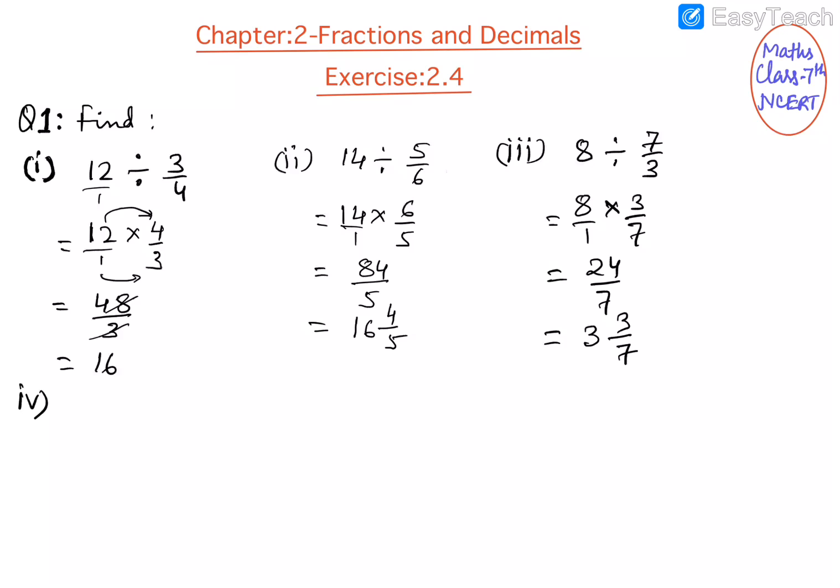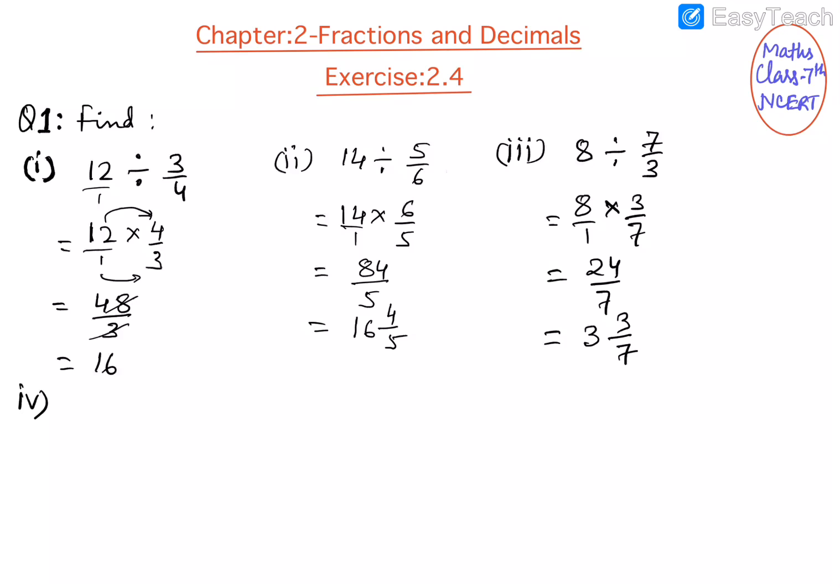In the third part, 8 divided by 7 by 3 becomes 8 into 3 by 7. Then 8 threes are 24, 7 ones are 7. Changing this improper fraction into a mixed fraction, we get 3 and 3 by 7.